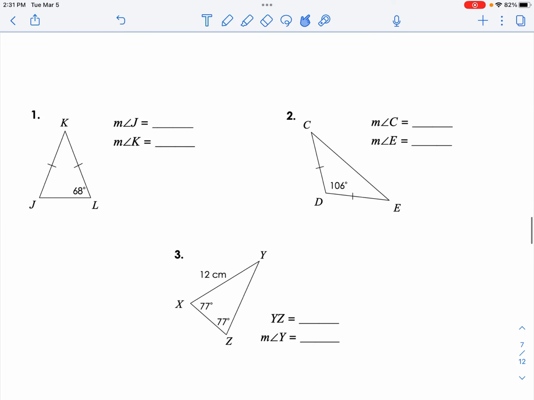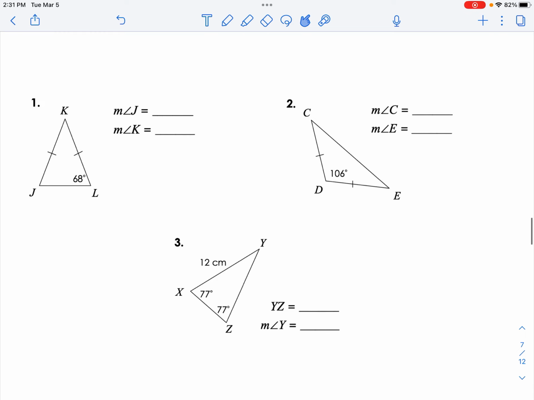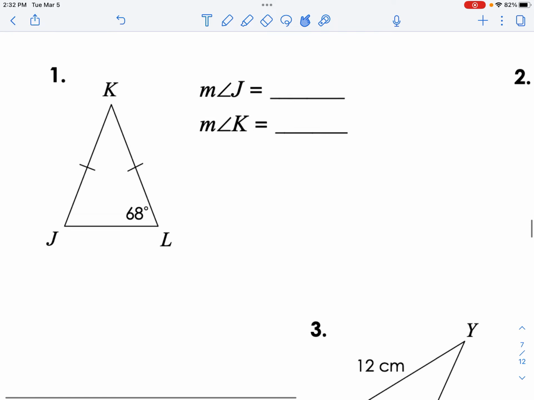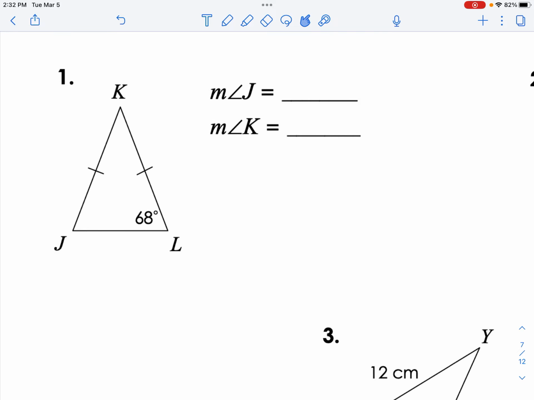So here there's a couple different examples, some isosceles, some equilateral. Okay, so let's take a look at number 1. Number 1 says that I have triangle JKL, and they want us to know what angle J is and what angle K is.